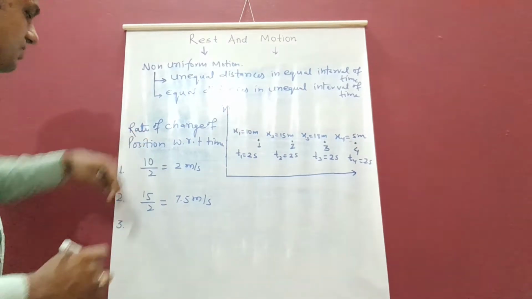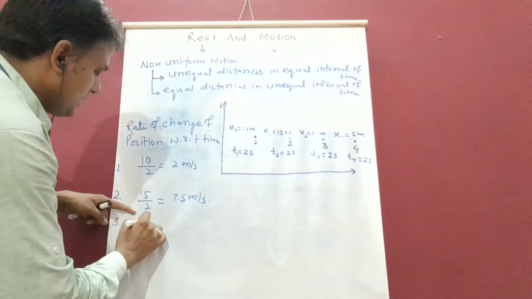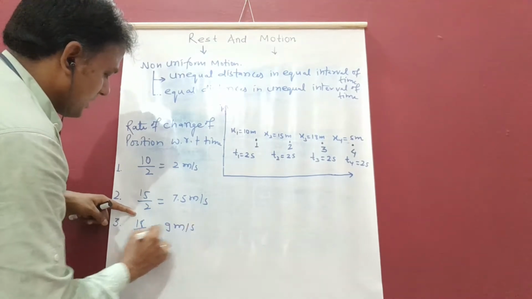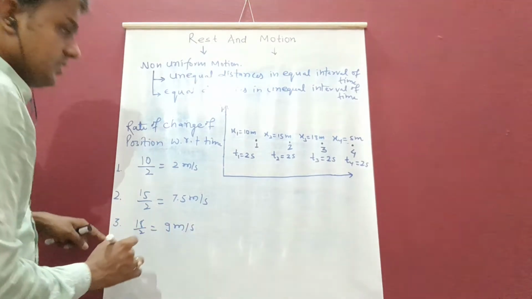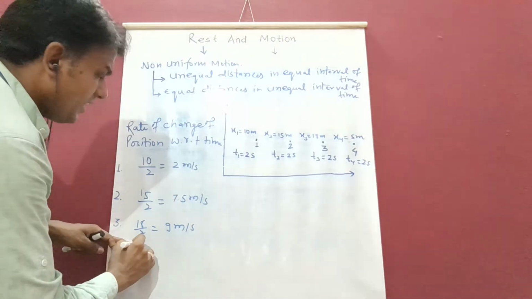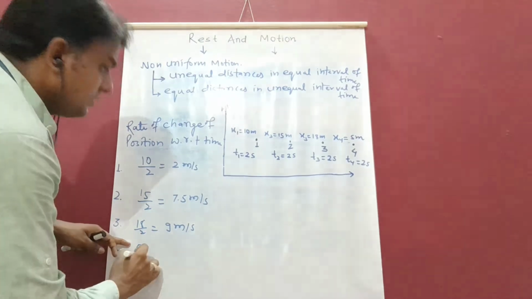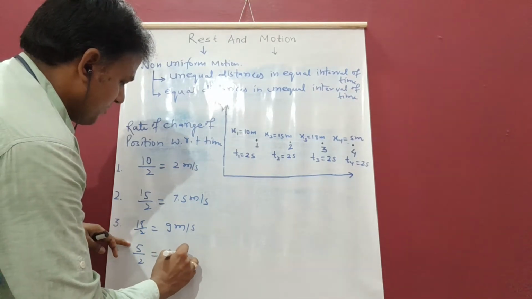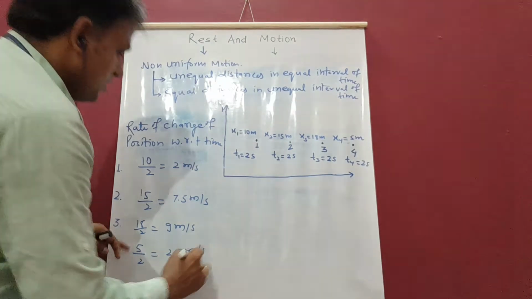For case 3, it is 18 upon 2, which is 9 meter per second. And the fourth one, the distance is 5 and time is 2, so it is 2.5 meter per second.